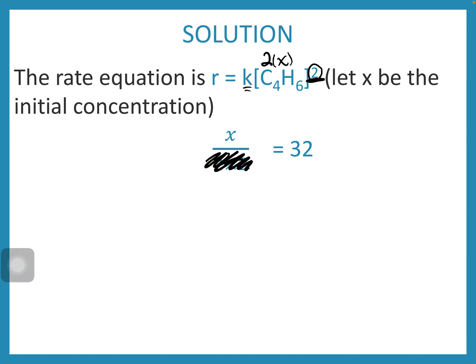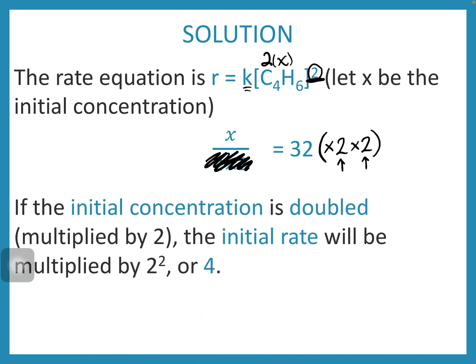But what I would do is the rate was 32 millimoles. So if I double my concentration, the reaction is going to double and then double again because it's second order. So once and then twice because it's second order. So 32 times 2 times 2, or times 2 squared, or 4. So if the concentration is doubled, in this case, because we have a second order, the rate is quadrupled.